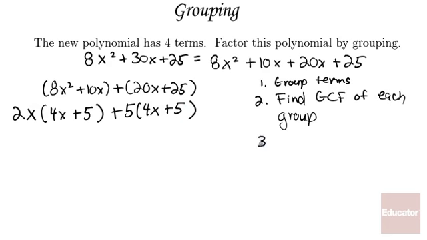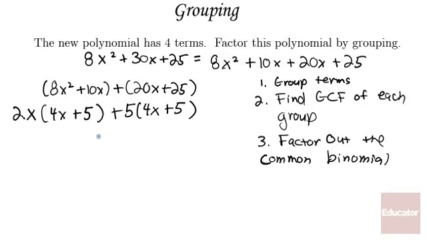Okay, then remember, I'm going to factor with grouping. This is just a review of factoring by grouping, which we did in a previous lesson, which you can review. Factor out the common binomial.